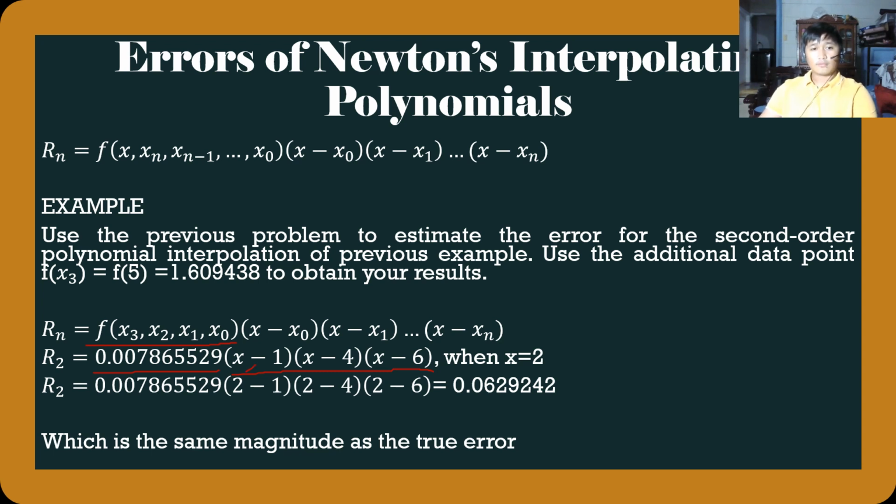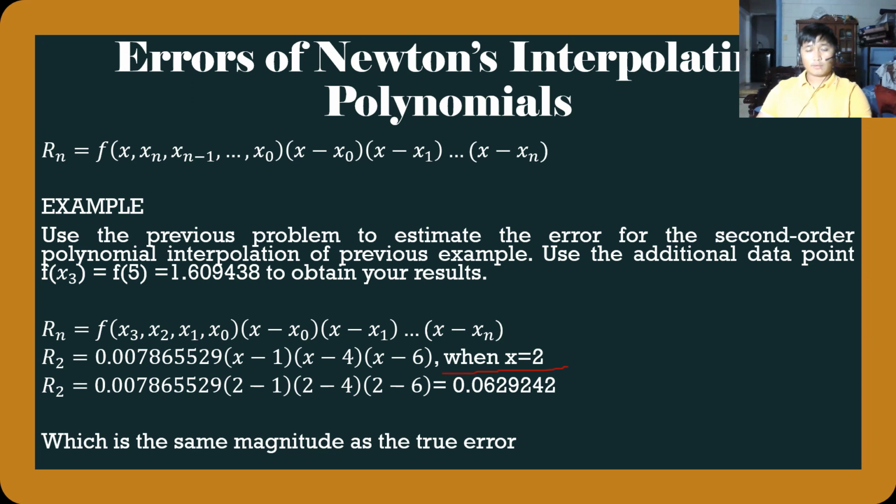These are the intervals. Since we have interval x sub 0 is 1, x sub 1 is 4, and x sub 2 is 6. So these are the intervals. And then we let the value still, we are after r of 2.